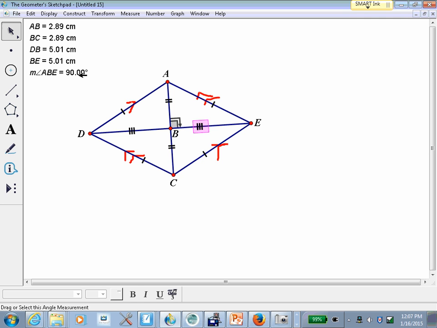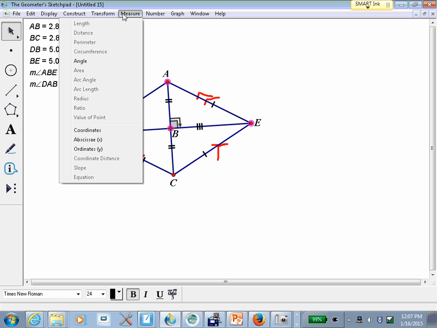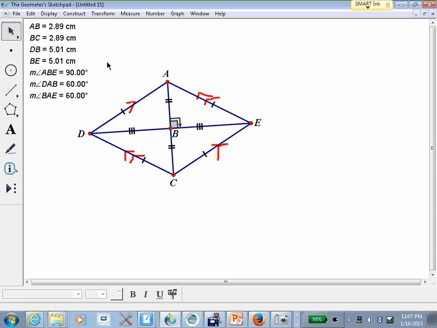So I'm going to measure those angles. I'm going to highlight point D, A, B, and measure that angle. And then I'm going to measure angle BAE. I get the same degree.